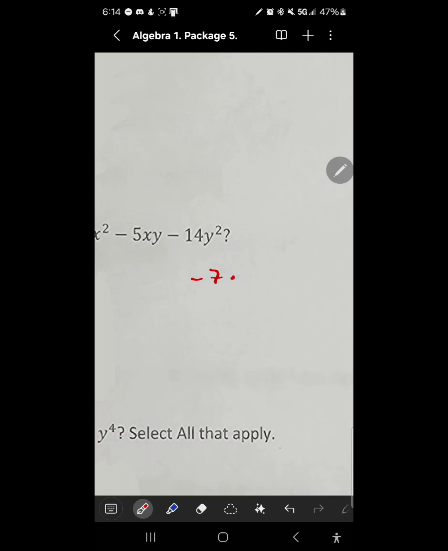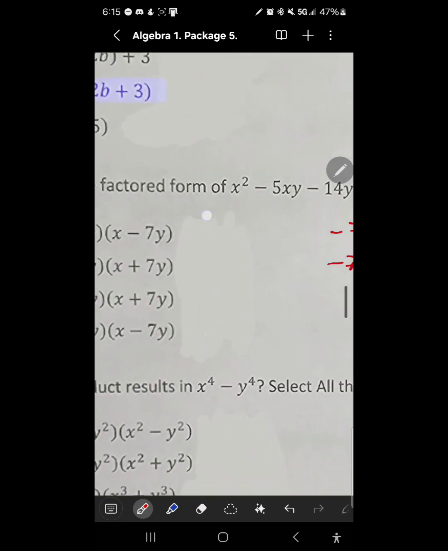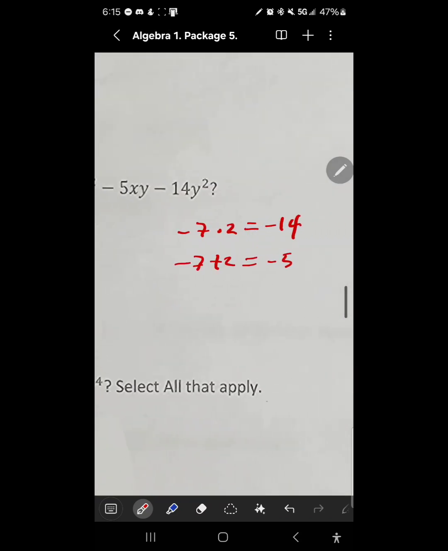If I say -7 times 2, it's going to be -14. If I say -7 plus 2, we give the sign of the greater, which is negative. 7 minus 2 is 5, so -5. And those are the exact numbers we have, which are -7 and 2.